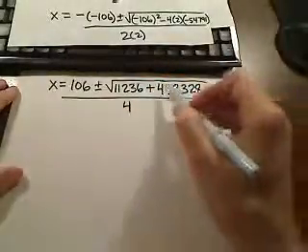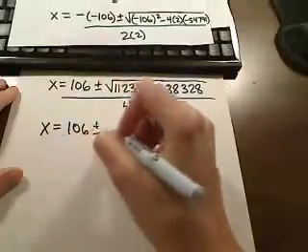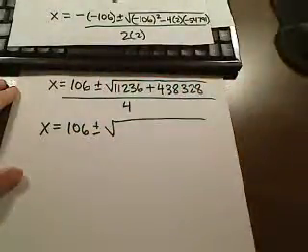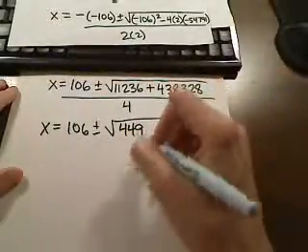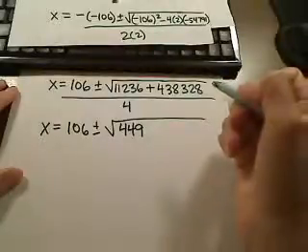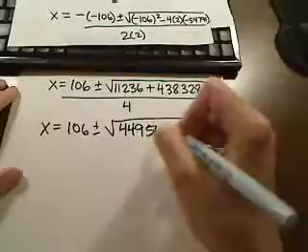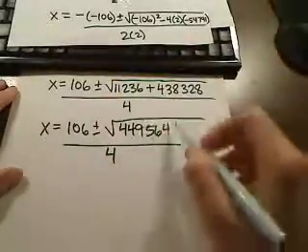Okay. So let's go ahead and add on the inside of the radical. And when we do that, we get 449,564 all over 4. Okay, now we need to simplify this.